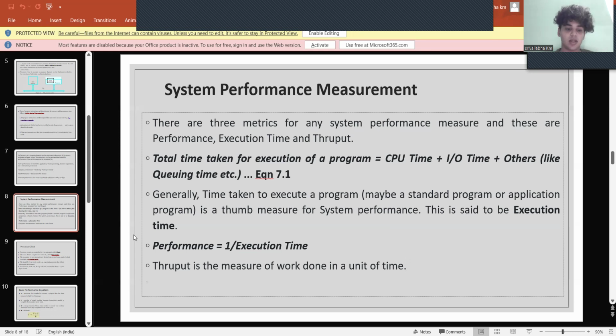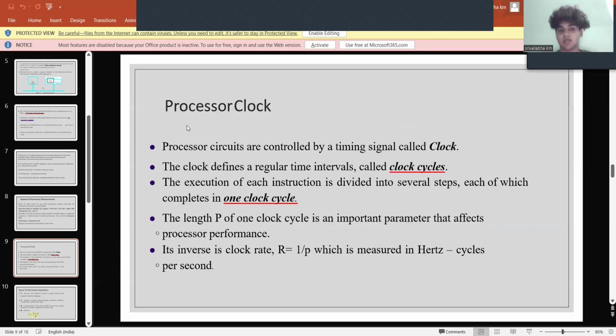It's important. And then comes the processor clock. Processor circuits are controlled by a timing signal called clock. These are the naming terms. The clock defines regular time intervals called clock cycles.